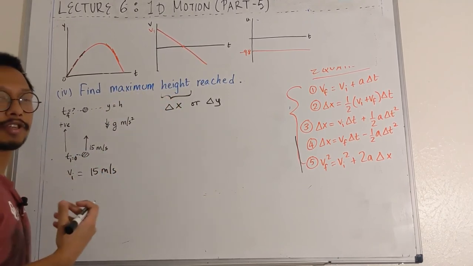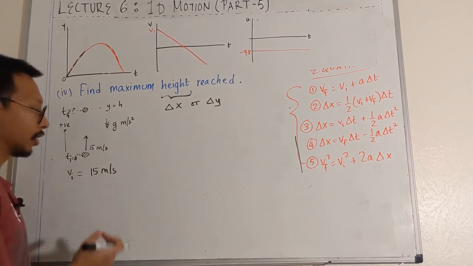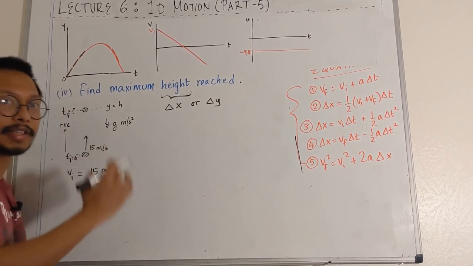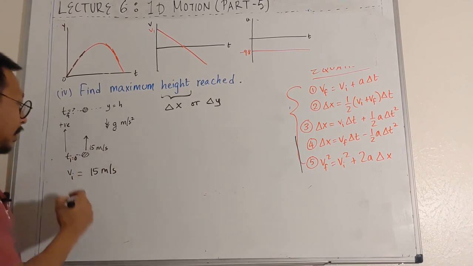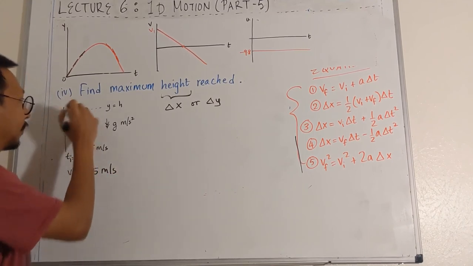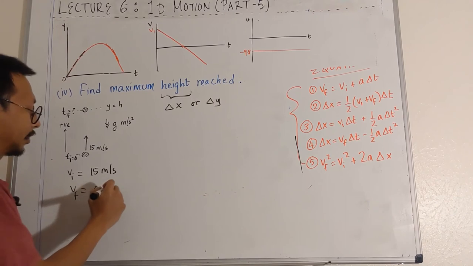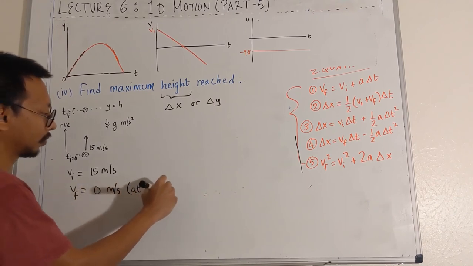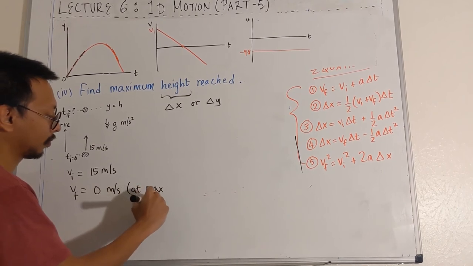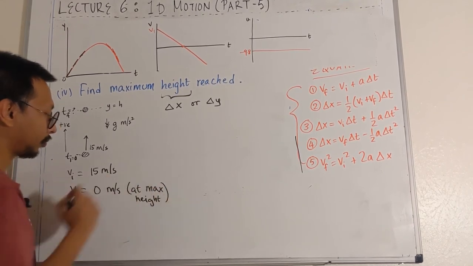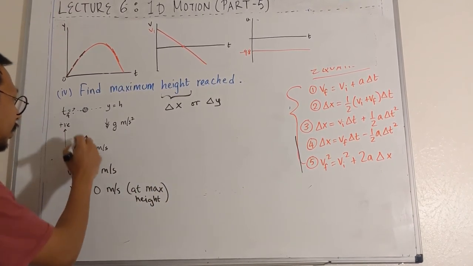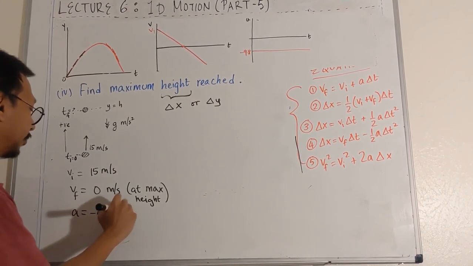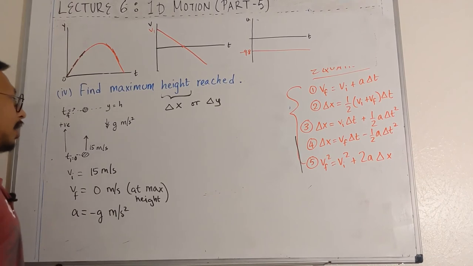So it is sufficient to consider the first part of the motion from when it left Polly's hand to when it reached maximum height, because that is what we are interested in. So Vf at that maximum height is 0. Okay, then also we know that acceleration is a constant negative g meters per second squared.